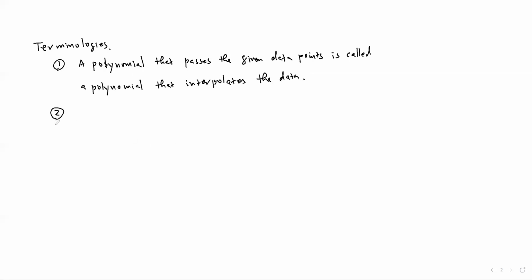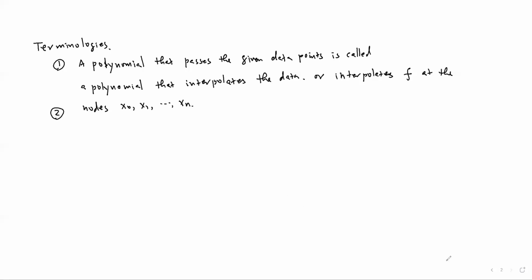Second terminology. A polynomial that passes the given data points is called a polynomial that interpolates the data or interpolates the function f at the nodes x0, x1, ..., xn.